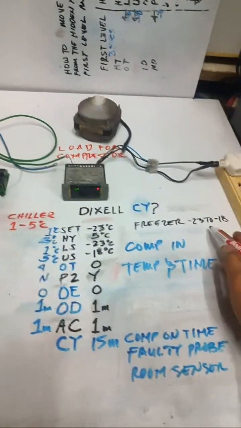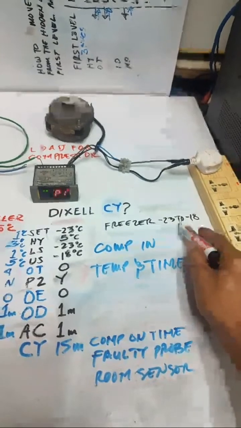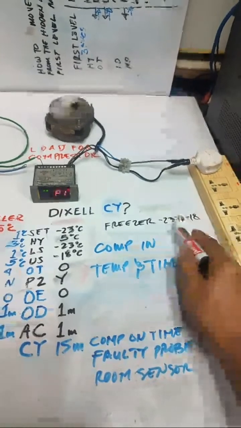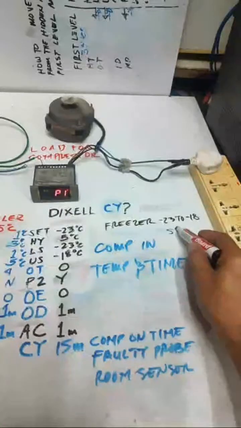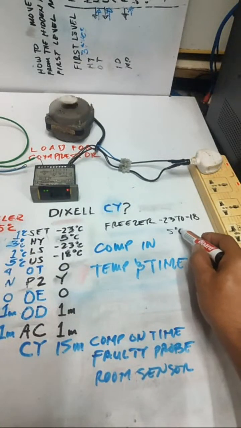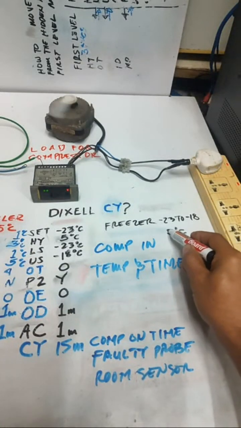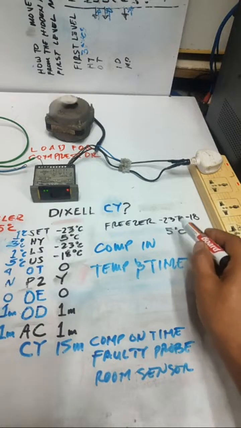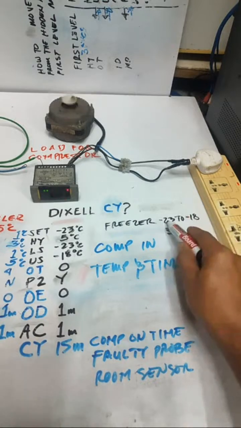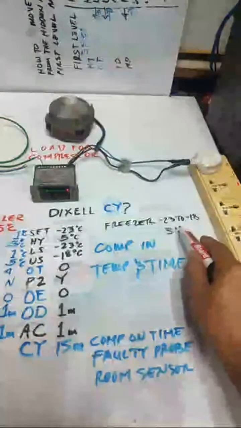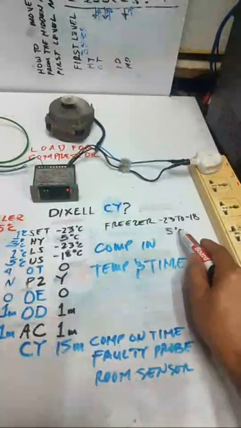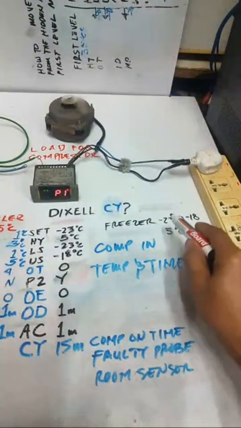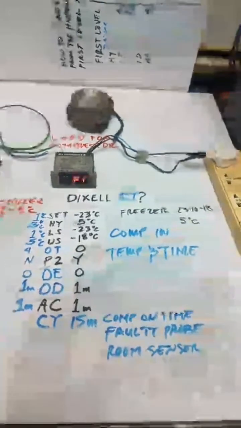Negative 23 to negative 18, if you subtract this, we have a 5 degrees Celsius difference. Sa mga Tagalog speaking, ihahalo lang natin.